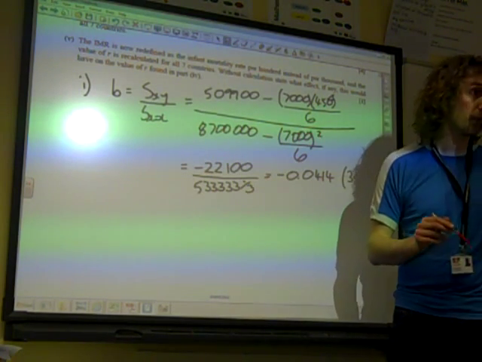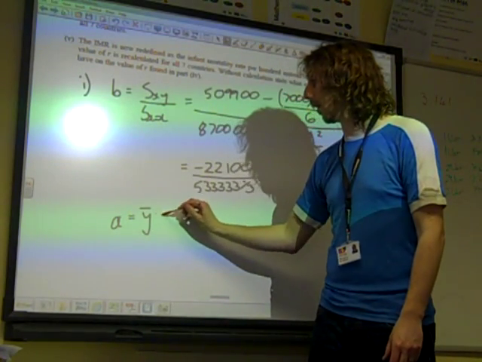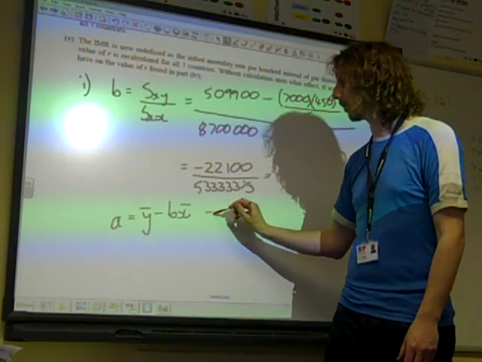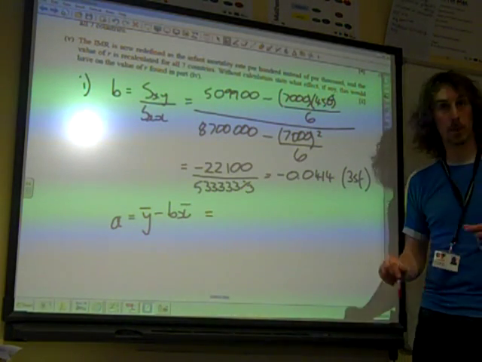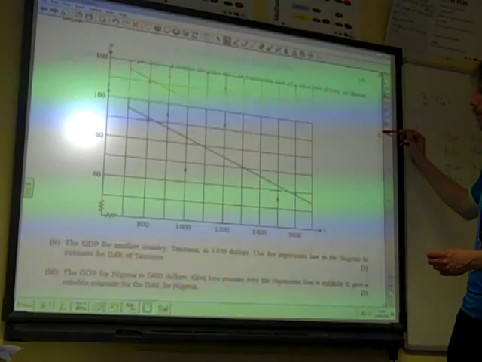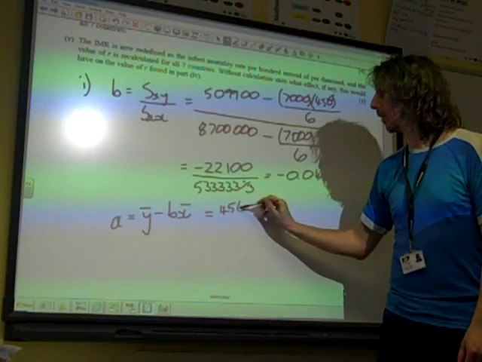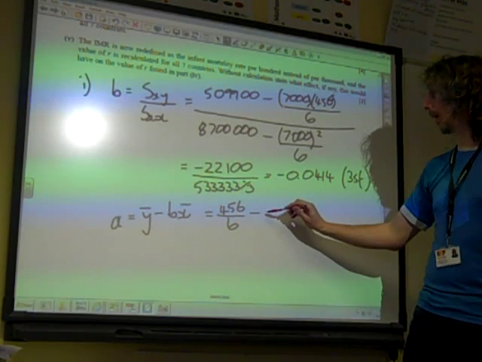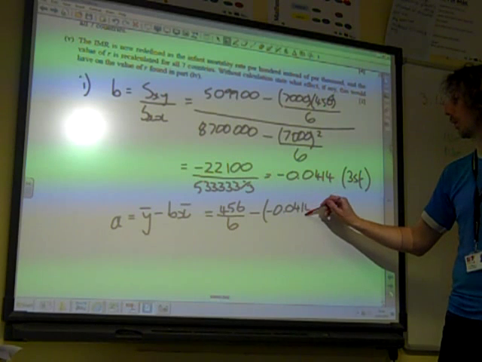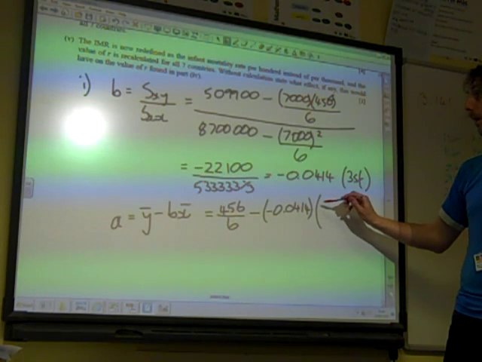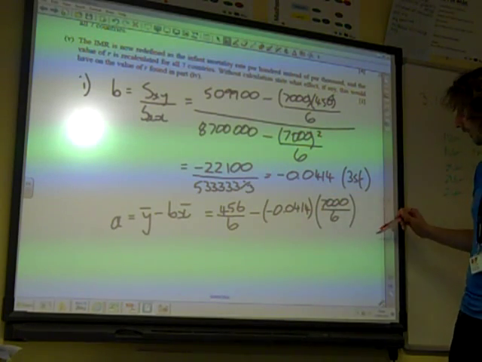We then also, from the formula booklet, a is y bar minus b x bar. So we need to work out a. We're going to do y bar, which would be sigma y, which was 456 over 6, minus our value of b, minus 0.0414, times x bar, which is 7,000 over 6.